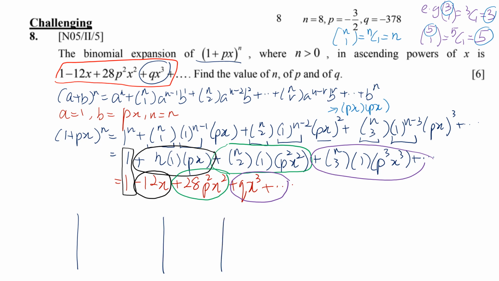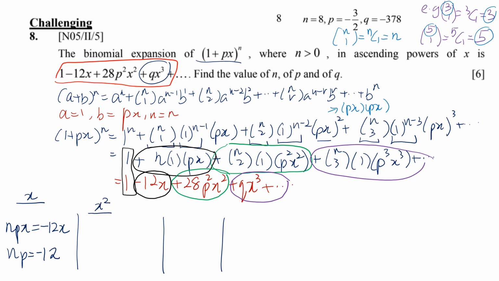All right, so we can divide it into 3 columns. We can compare the x term first. So the x term means npx is equal to negative 12x. So from here we can just divide x on both sides to get np equals negative 12. And we're going to keep that first. Now the next thing is that I'm going to compare my x squared term.